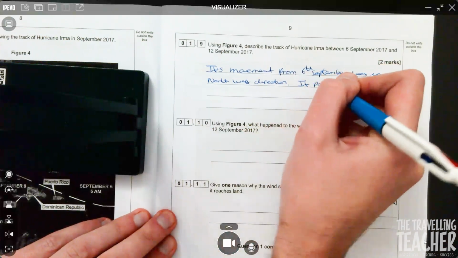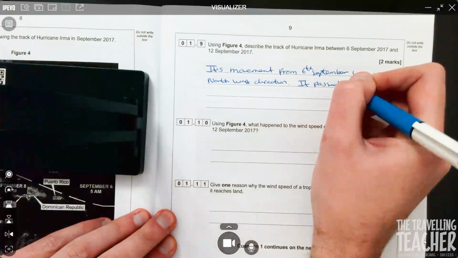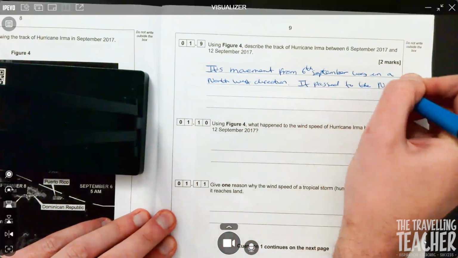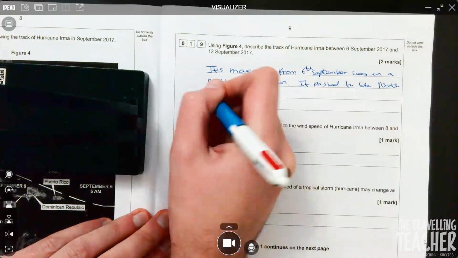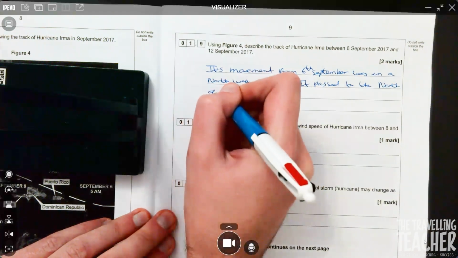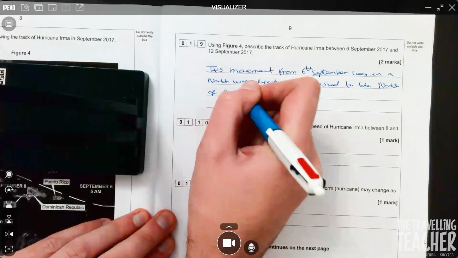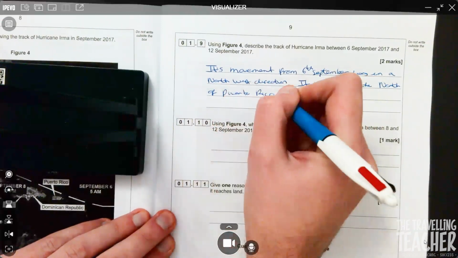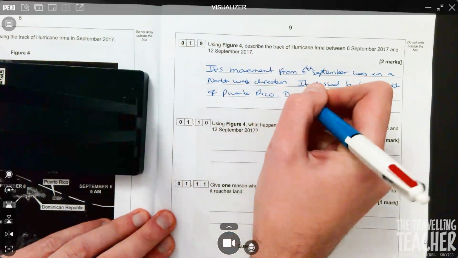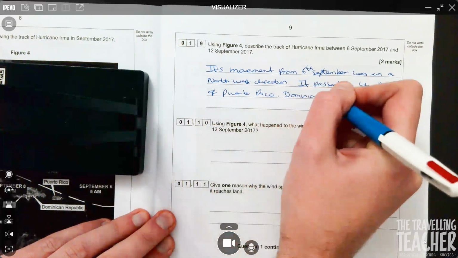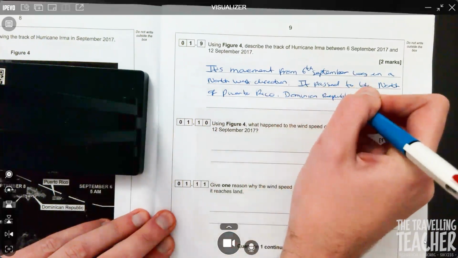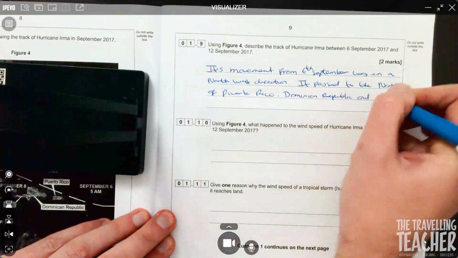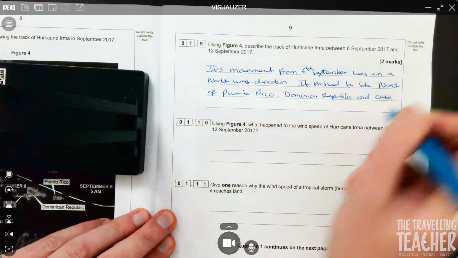It passed to the north of Puerto Rico, Dominican Republic and Cuba.